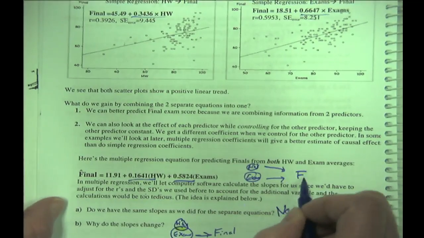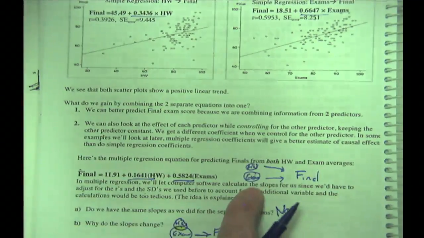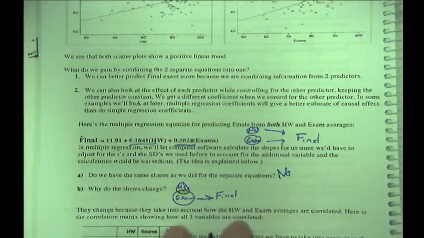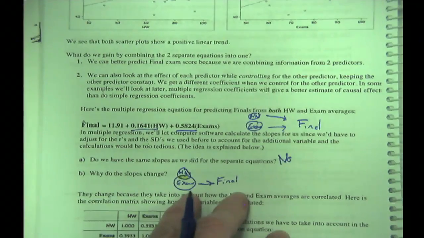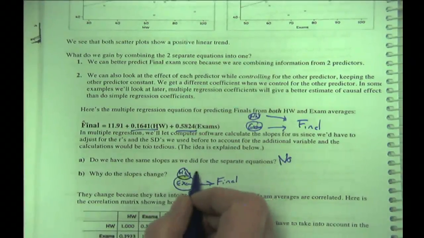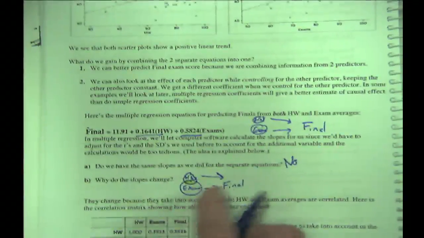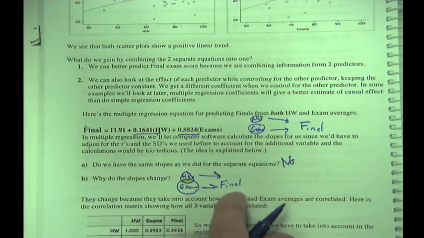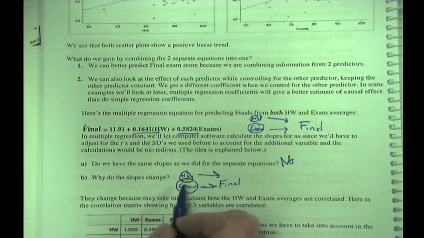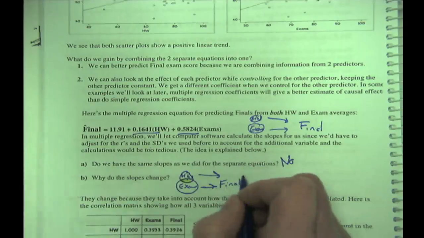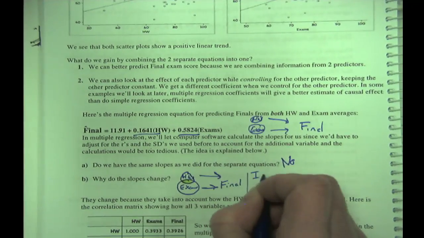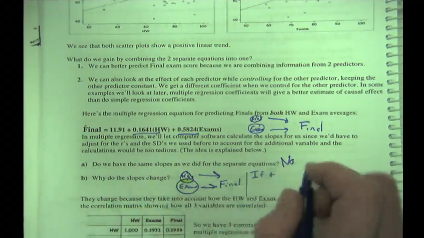But if they're uncorrelated, which they're not, then yeah, they're not going to change. But we're in the situation where they're correlated. So they're both predicting finals. That says homework's predicting a final. That says exams. And if they didn't change, we'd be double counting.